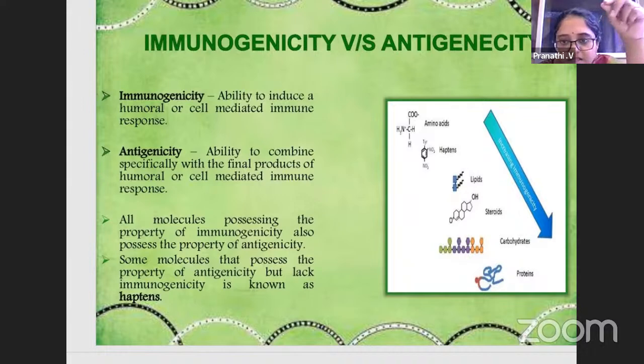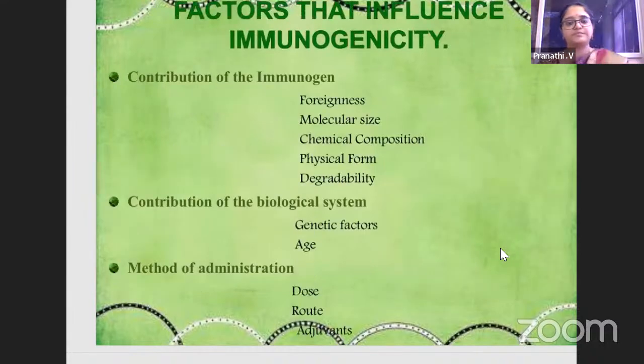Such substances are known as haptens. You see here, amino acids, haptens, lipids, steroids, carbohydrates, and proteins. This will not cause an immune reaction, but when it becomes a complete carbohydrate or a protein, then only the immune system is going to be triggered.